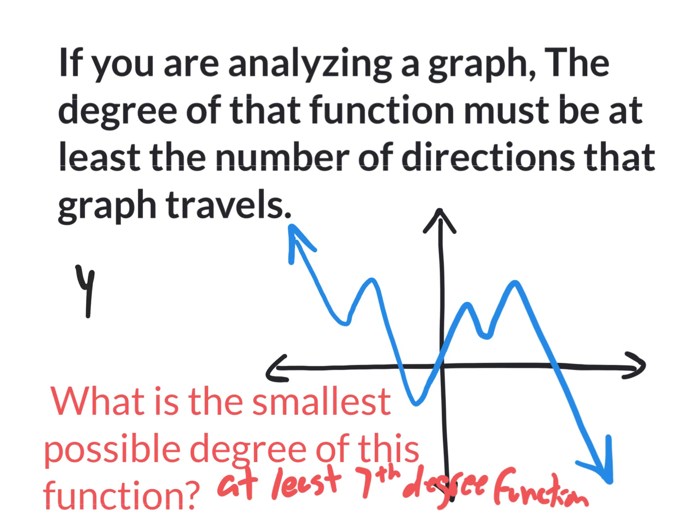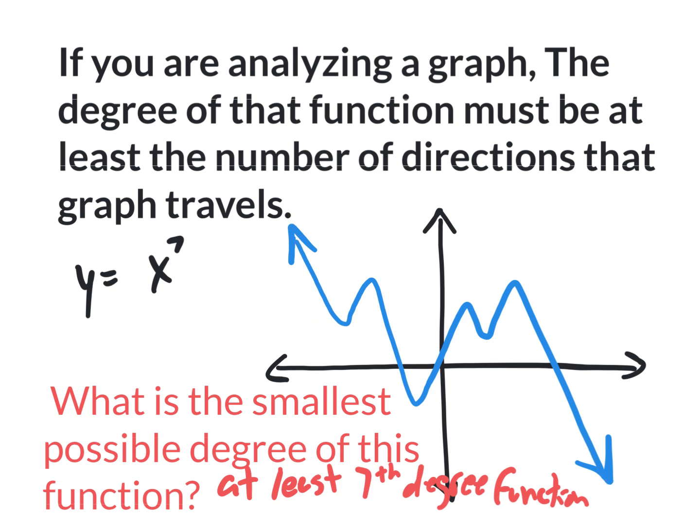So we have something like y equals x to the 7th. But if we did have y equals x to the 7th, an odd degree function, where does it normally have end behavior? Down here and up here, right? In quadrants 1 and 3, right?